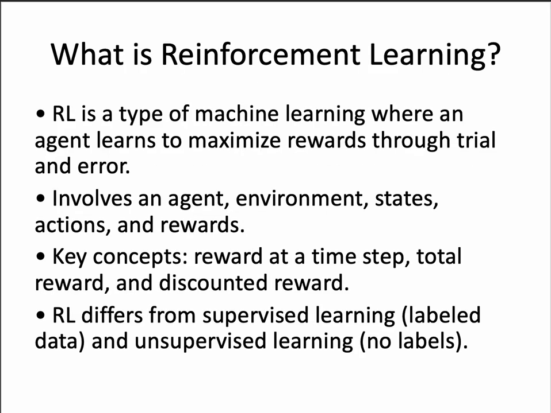So what is reinforcement learning? Reinforcement learning, or RL, is a way for computers to learn by trying things and getting rewards. Unlike normal learning, where computers use labeled data, RL lets them learn by making choices and seeing what happens.